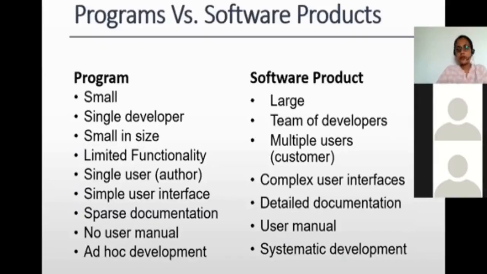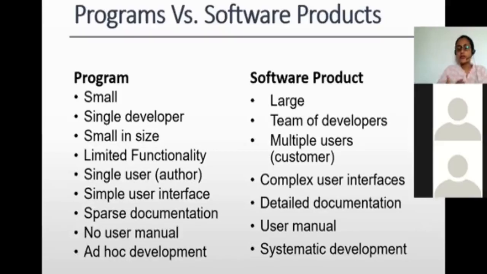When it comes to software and the program, software is a kind of large one, right? The complex one, not large one. It's a complex one, and the program is a very simple one, right? Most commonly in a small program, there's only one single developer.